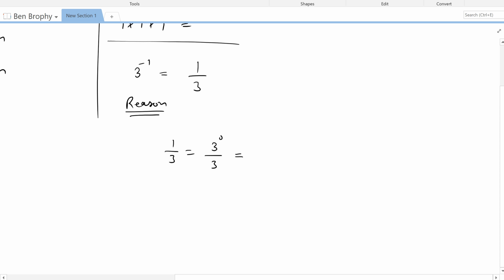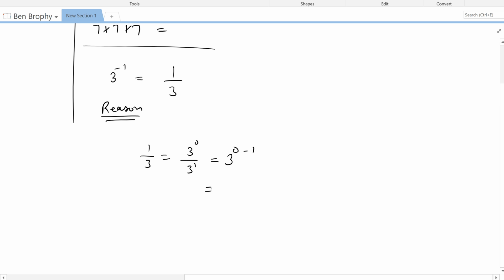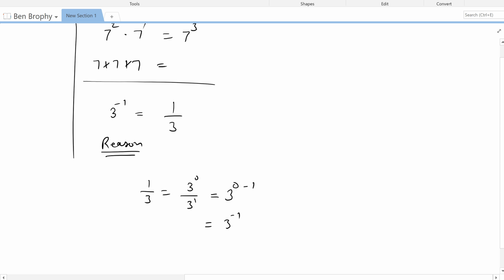So we subtract this power from that one, so it's 3 minus 1, that is minus 1. That's simple, right? So any number raised by a negative power is going to get flipped like that. That is the reason behind it.